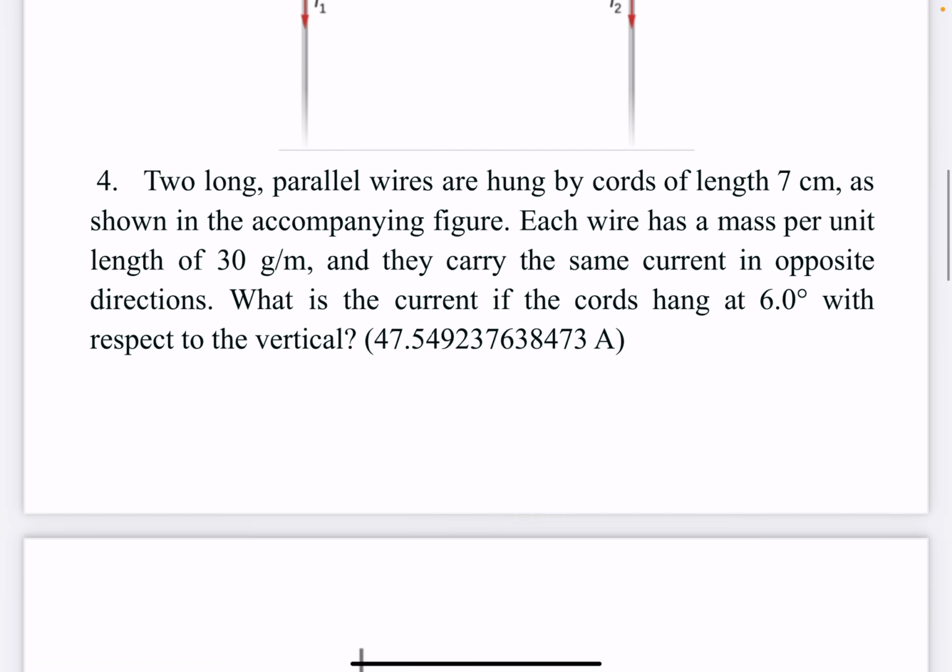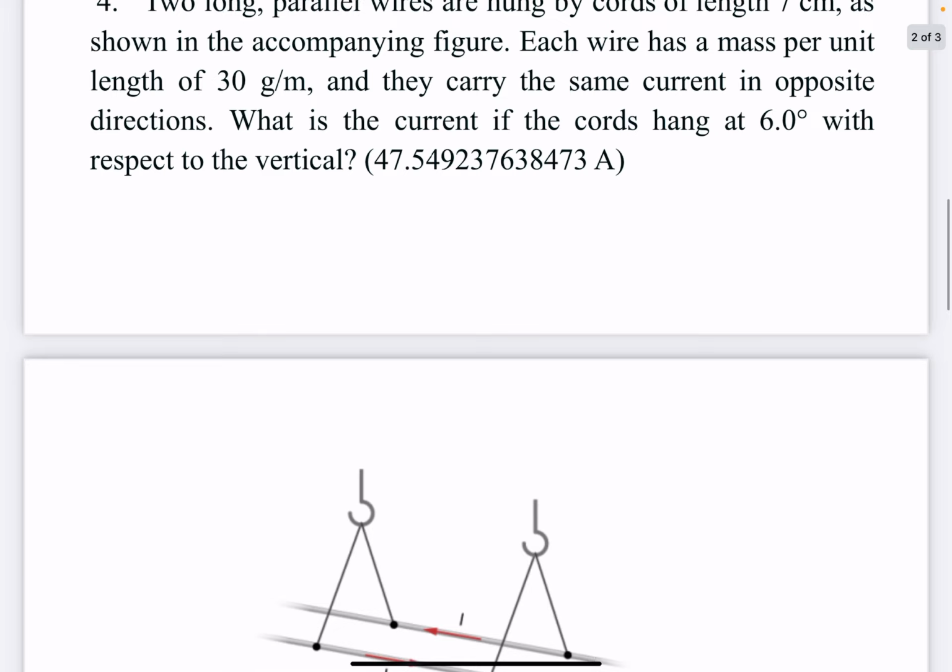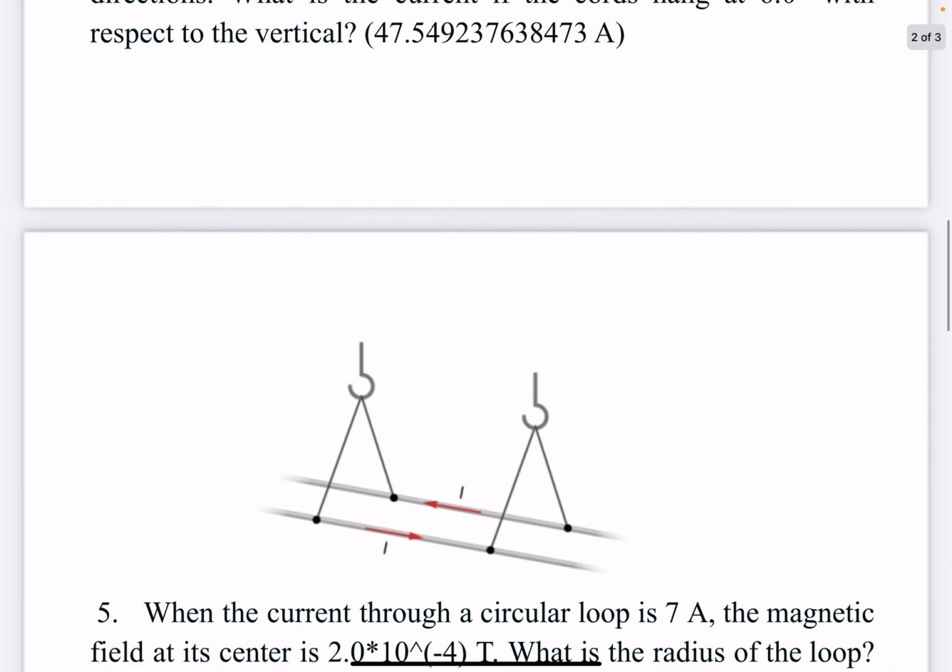problem number 4. In problem number 4, two long parallel wires hang by a cord of length 7 cm as shown in the accompanying figure.